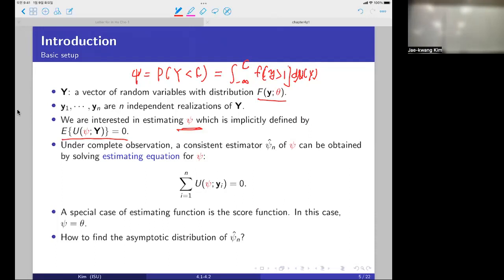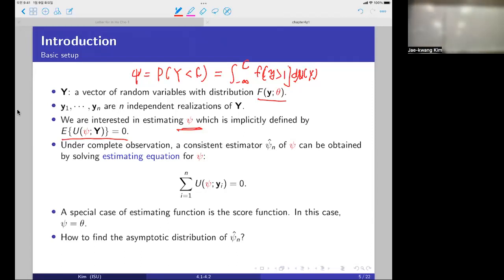The government, a state government or some developing countries, are interested in estimating the proportion of people in the nation living below the poverty line.